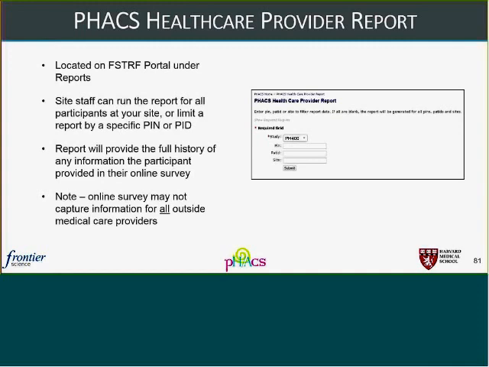You can run it for your entire site. You can run it for a specific PIN or a specific PAD ID. And it'll give you the full history of what that participant answered in their online surveys. It's only going to contain what they've answered in their surveys for additional medical care or outside medical care. So all your information may not be in there, but the questions they answered for the additional healthcare providers will be in there.